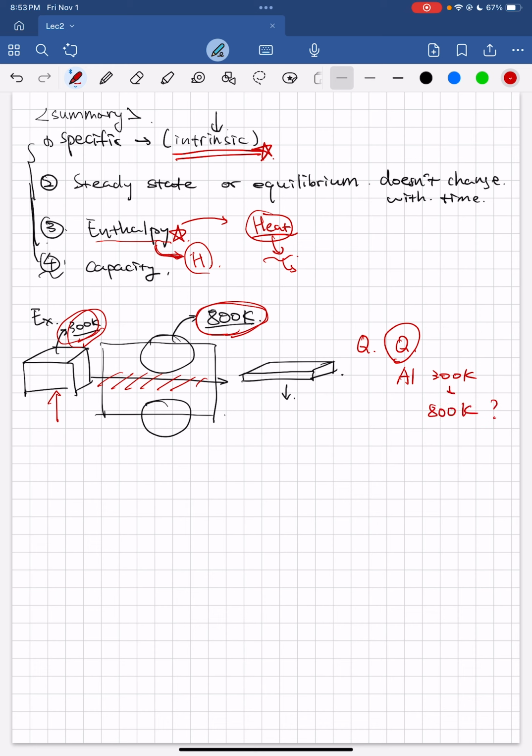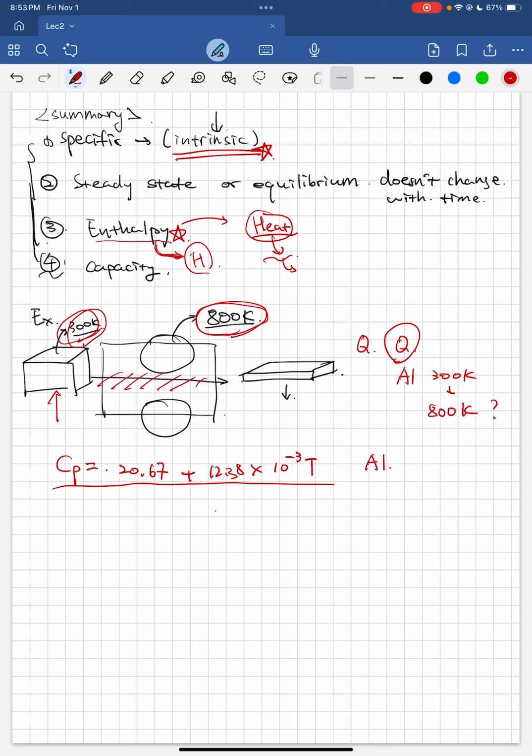That is the question. And I'll give you Cp equals 20.67 plus 238 times 10 to the minus 3 T. This is Cp of aluminium.